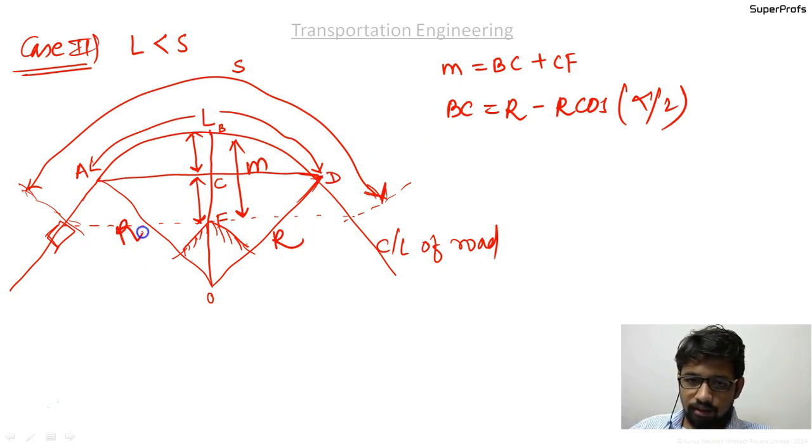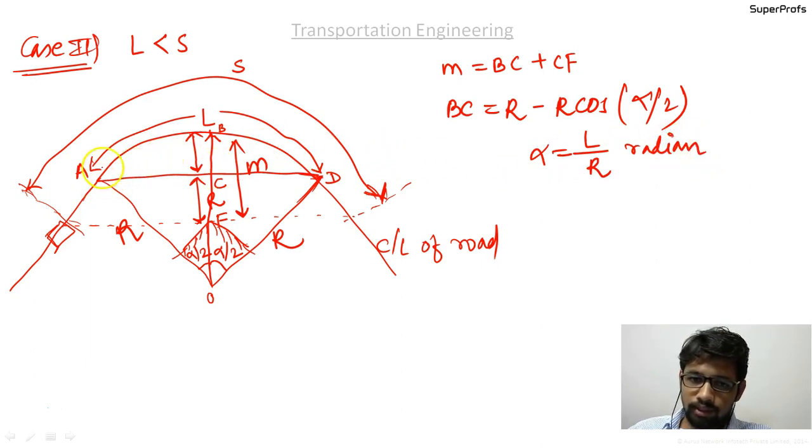So this radius is R. Up till here it is radius R. So this is R minus R cos alpha by 2. This is alpha by 2, and here is also alpha by 2. So in this case, alpha will be equal to L by R radian.